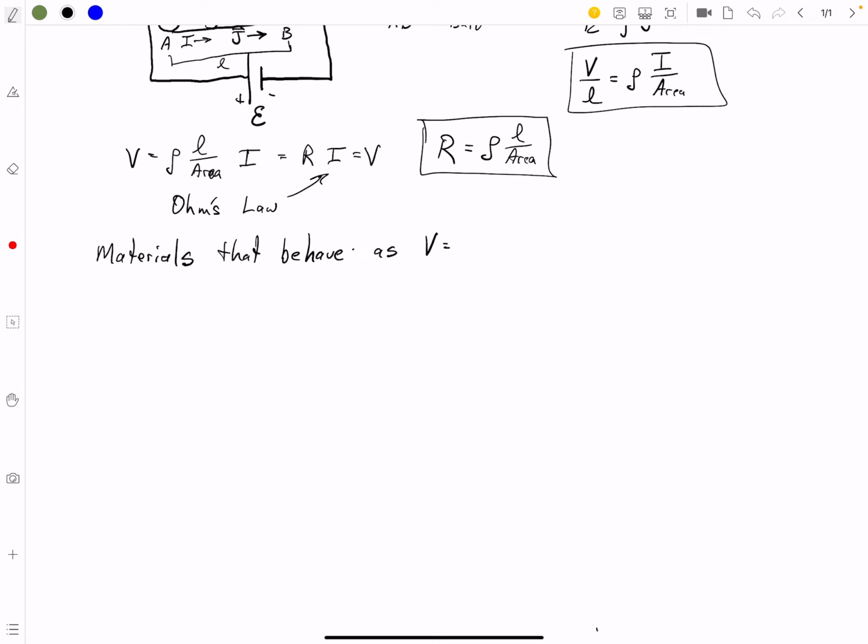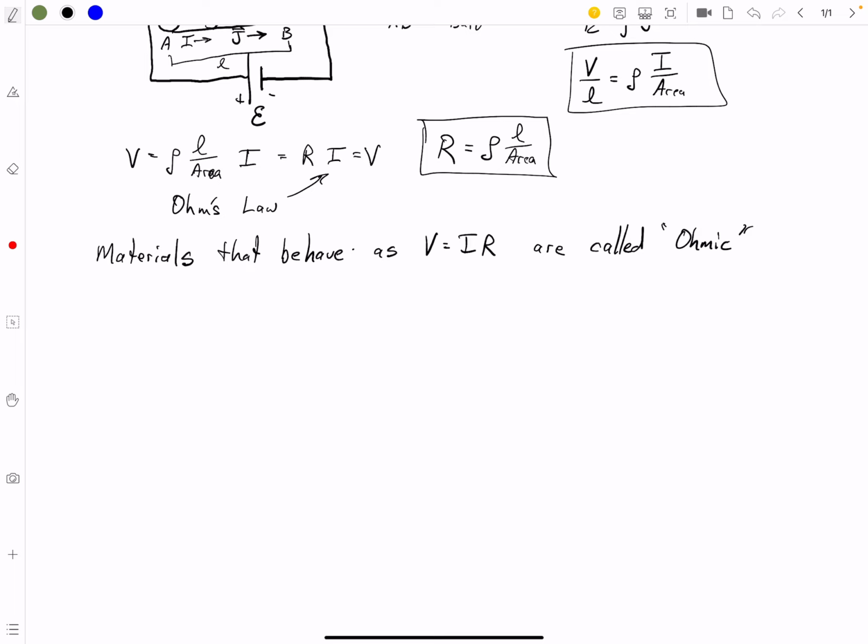Not all materials behave this way, but V equals IR, if they behave like this, which most of them do, and literally most of them, but every once in a while some don't, we're not going to look at any. V equals IR is something you can take to the bank on this test. Materials that behave like this are called ohmic. So, ohmic materials.